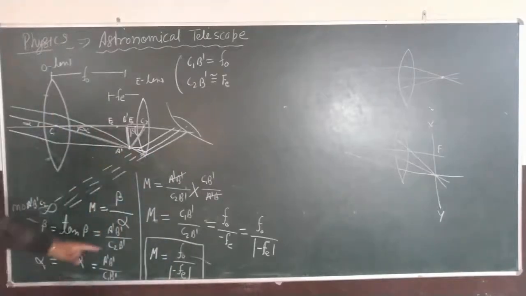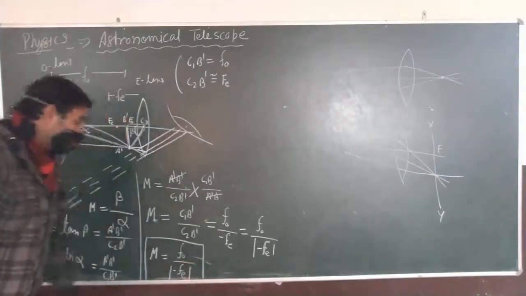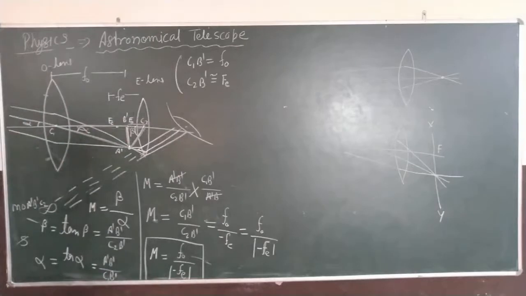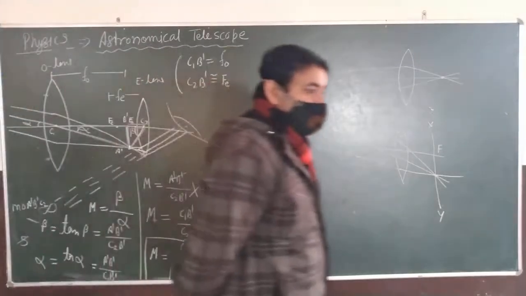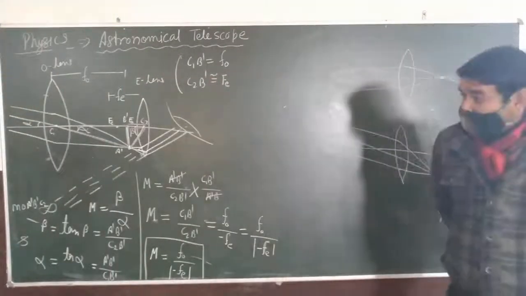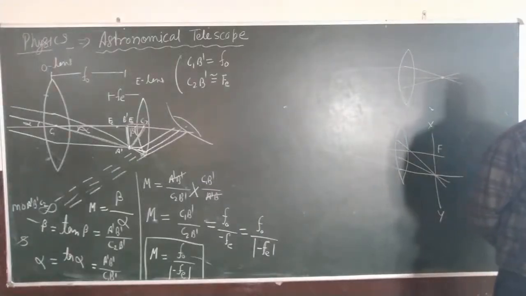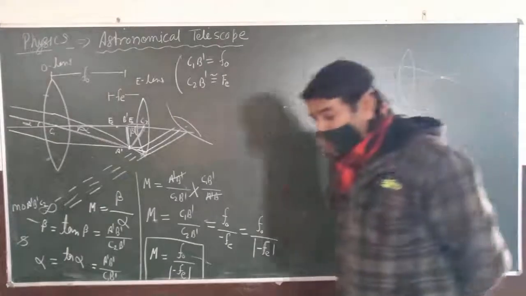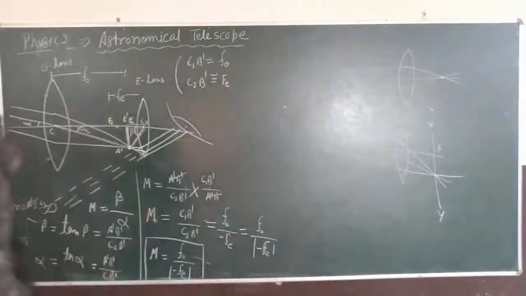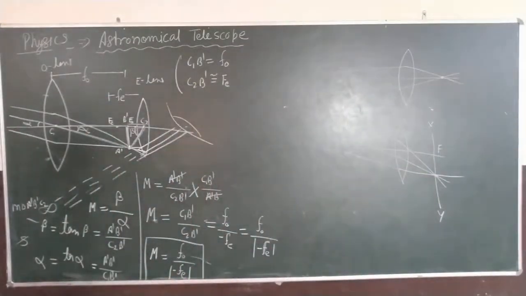This is magnifying power of telescope for normal arrangement, for normal arrangement and for normal situation, image formed at infinity.